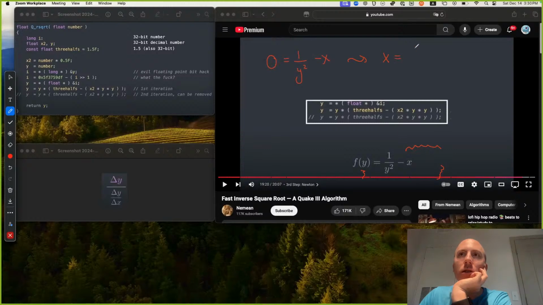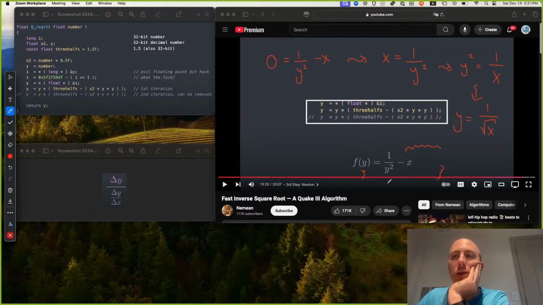If we found the value y such that this function is 0, that value y is equal to 1 over the square root of x, which is what we want to find.